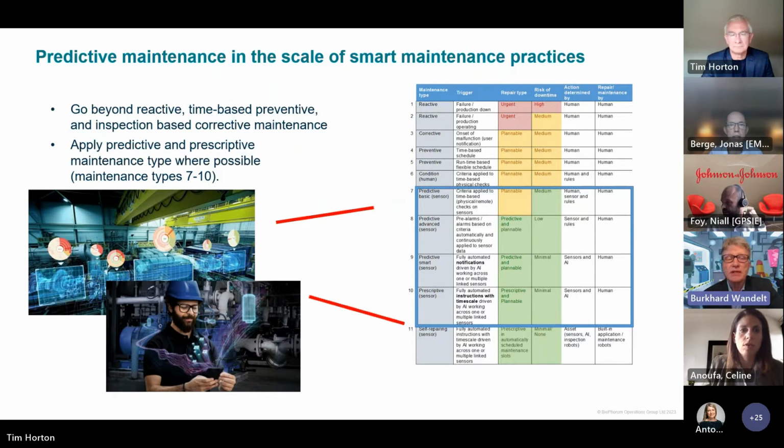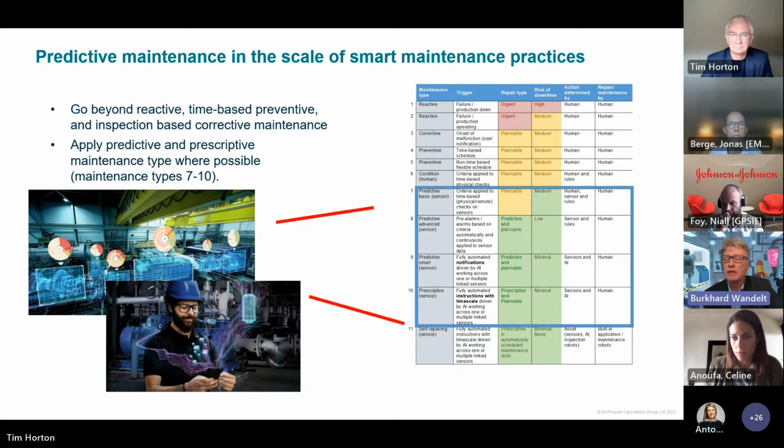So what we see here is the endeavor of all this is to go beyond reactive and time-based maintenance, which we all know especially from pharmaceutical or biotech operations, and apply more and more predictive and prescriptive maintenance types where possible. Here you see a busy slide with all these maintenance types and their characteristics.